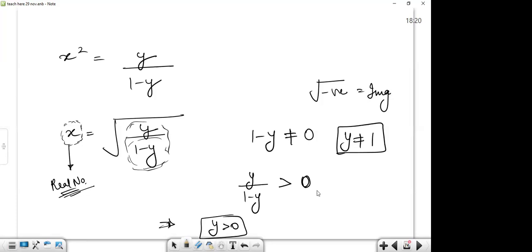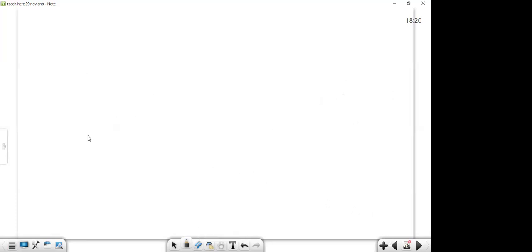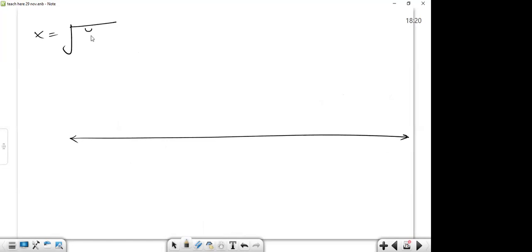So let's draw a graph where we are discussing this term, y upon 1 minus y. Here is 0 and 1, plus infinity and minus infinity. Now discuss the term inside the square root only.